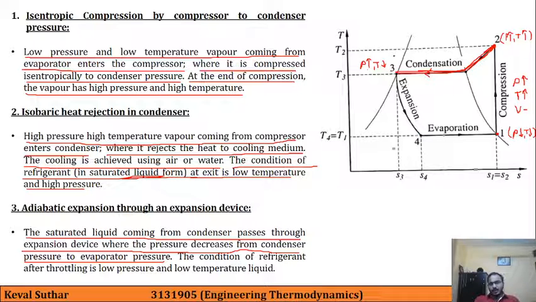So at point 4 now P has reduced and T has reduced. The condition of refrigerant after throttling is low pressure and low temperature liquid. And we are now only left with the last process. So we have gone through process 1 to 2, that is over here.